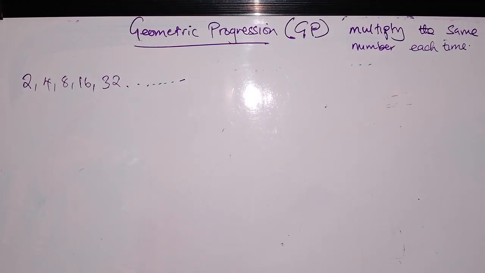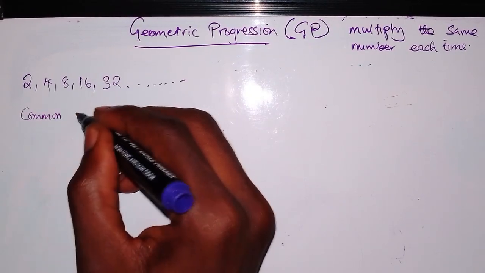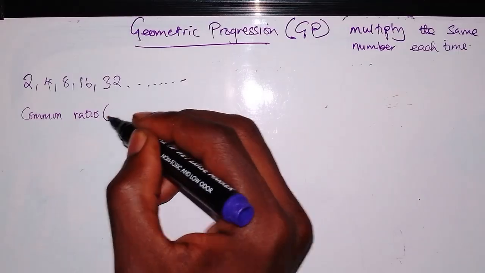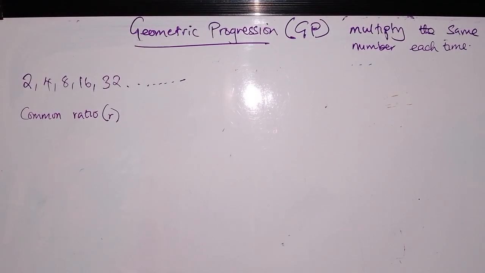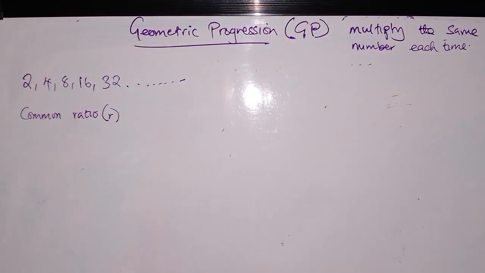Then when we are dealing with geometric progression, we say the difference is known as the common ratio, represented by R. So how do we find the common ratio? The common ratio is the number which is constant, it does not change, and we use it to multiply to get numbers in a sequence.